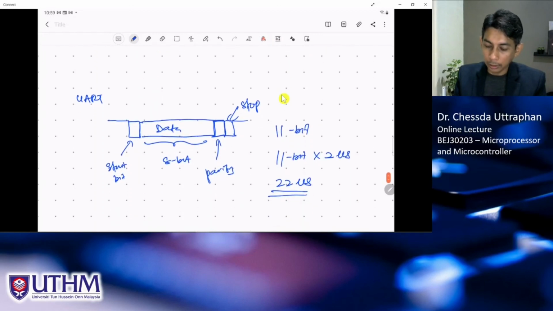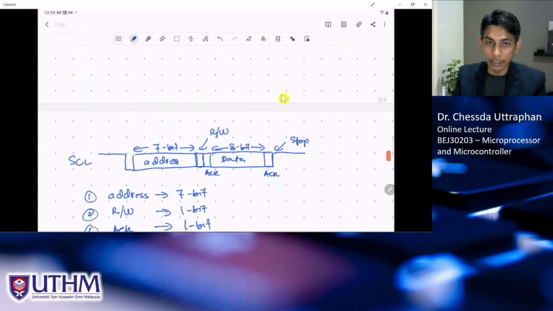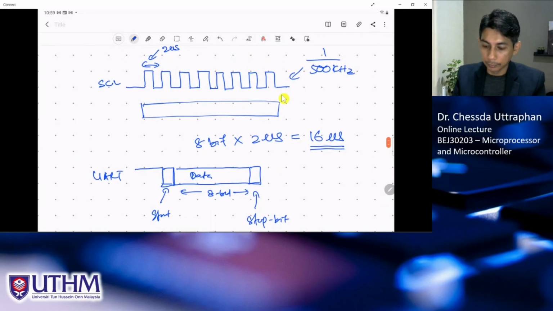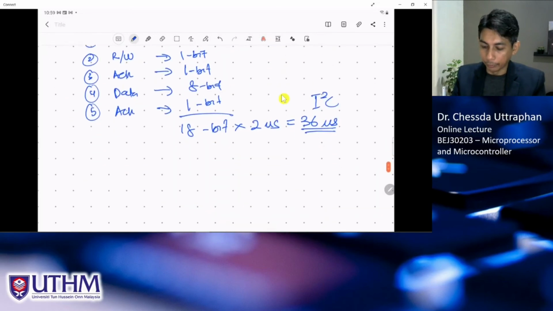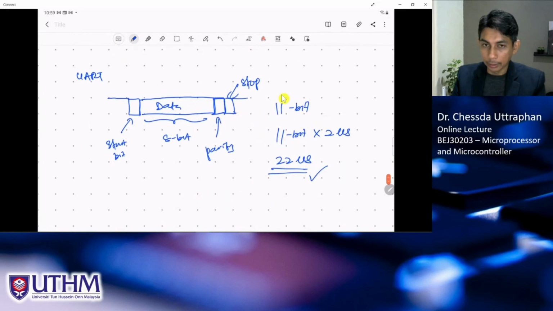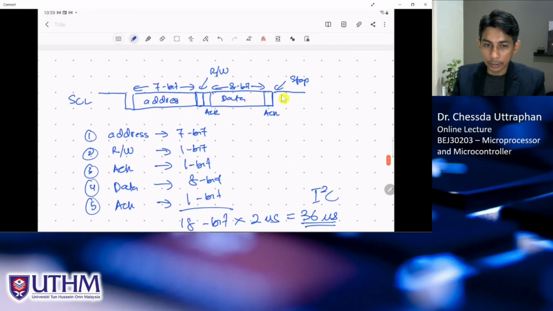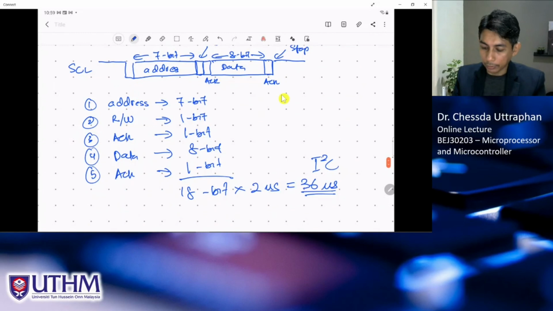So in conclusion, we can see that the fastest one is SPI, and then followed by the UART, and the slowest is of course the I2C, right? But again, this is when we compare the speed.